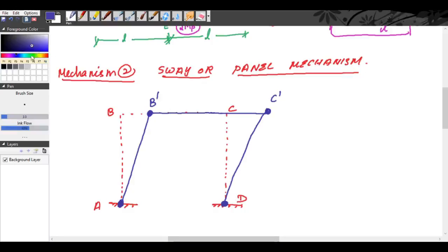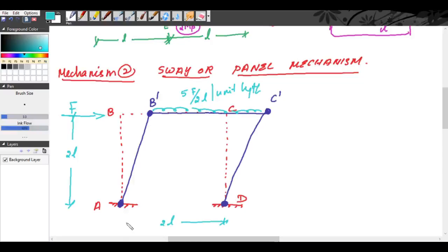So, now we have a UDL of 5F by 2L per unit length. There is a concentrated load of F acting at B. AB is of length 2L. BC is of length 2L.